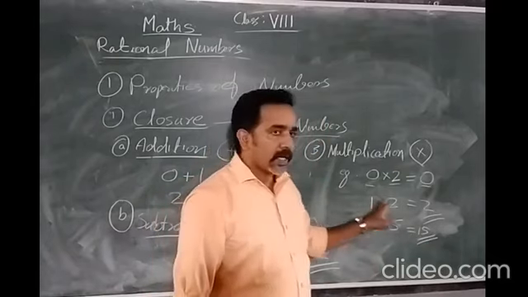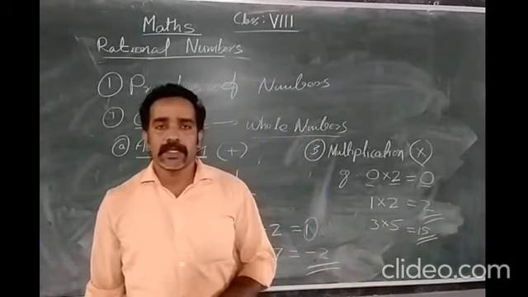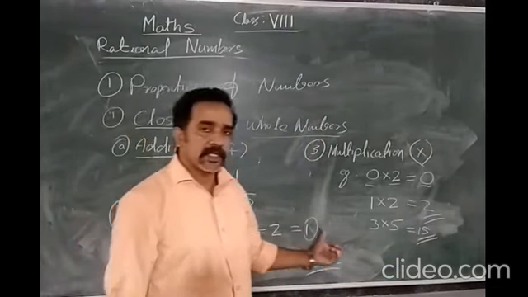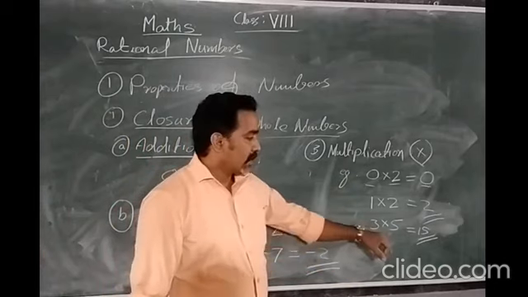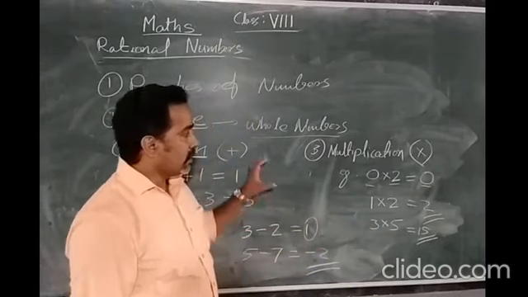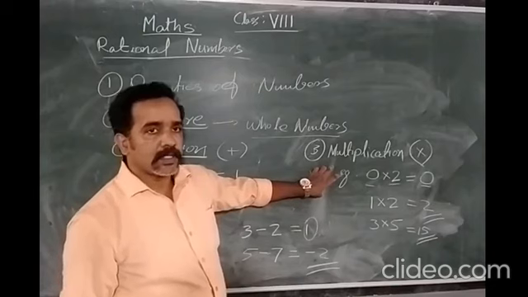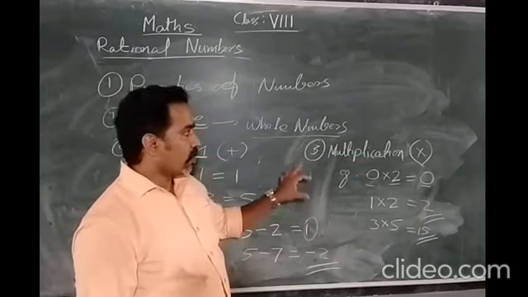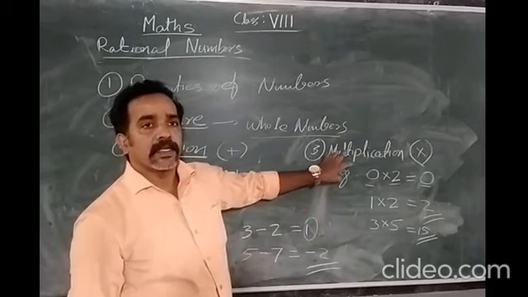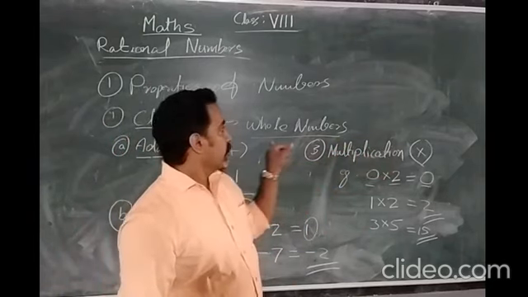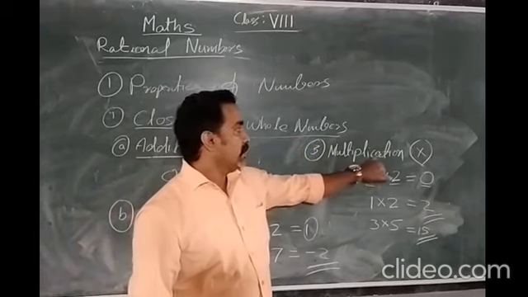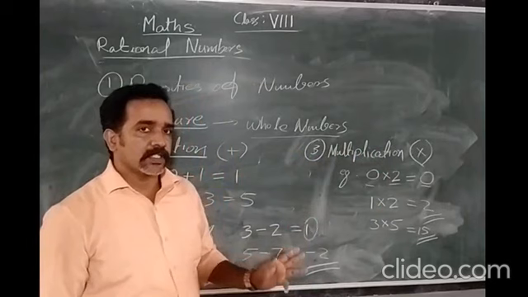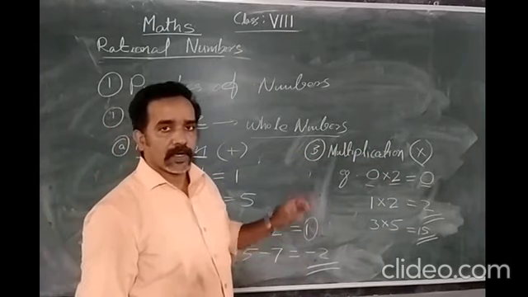So whenever we multiply any two whole numbers, the product will be a whole number only. So we can say that multiplication is closed in the set of whole numbers.